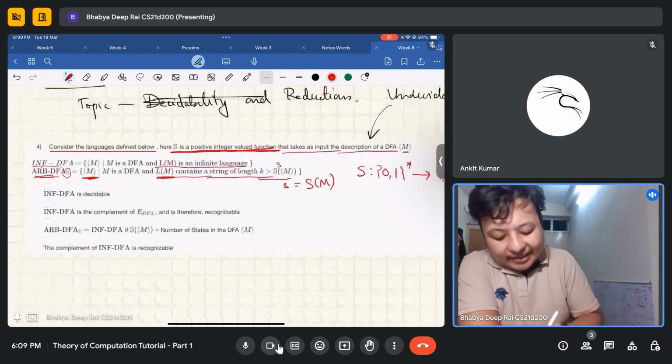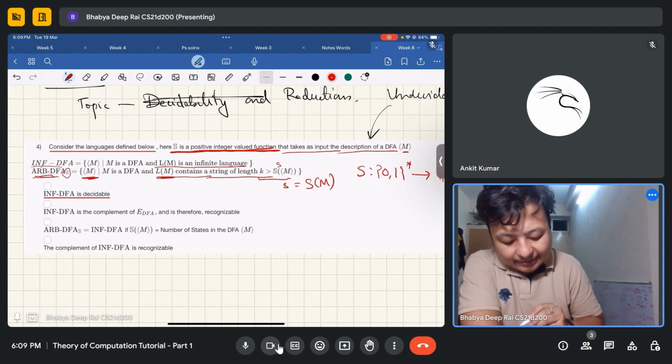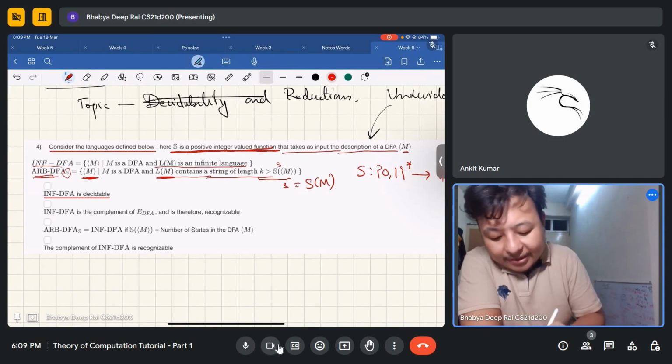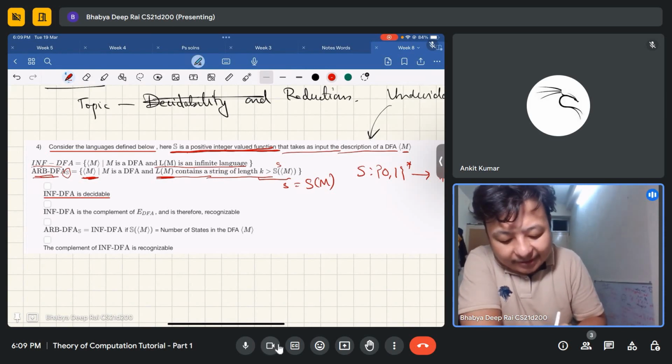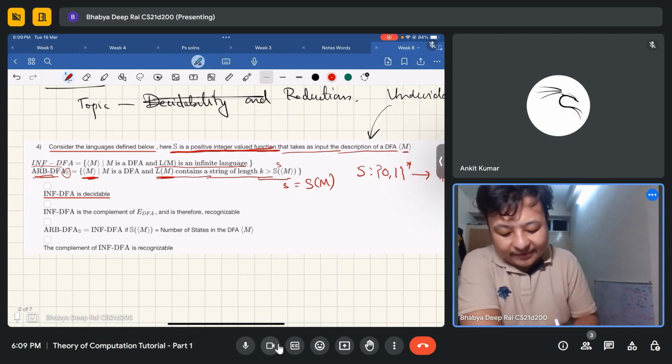Now, the first question we are asking is: is INF DFA decidable? What does it mean? It is checking whether the language of the DFA is infinite or not. Is that decidable? That is the first option.